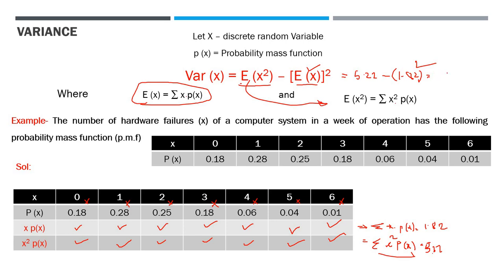If you calculate this, the value comes out to be 1.9076. So the formula for the calculation of the variance is E(x square), that is, the summation of x square p(x), minus the square of the expectation, that is the summation of x p(x). These are the two formulas that you have to remember for expectation and variance.